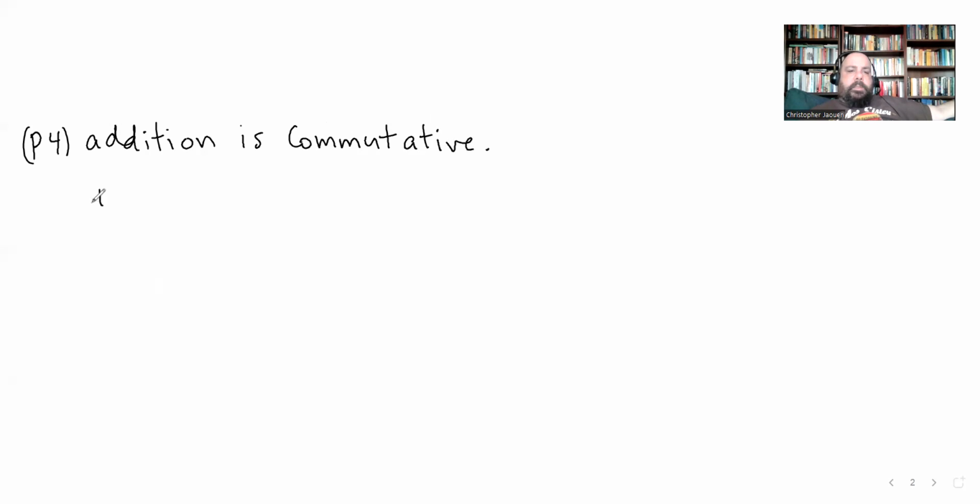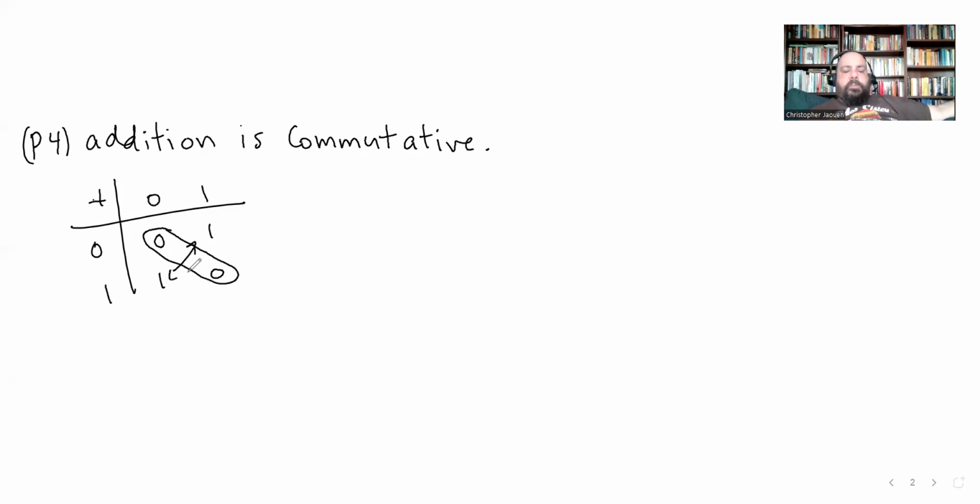And again, if you look at the table, it's clearly commutative. One way you can see it is just that the table is symmetric through the diagonal. But if you look at 1 plus 1, that's obvious. The ones where the elements are the same, it doesn't make a difference, right?